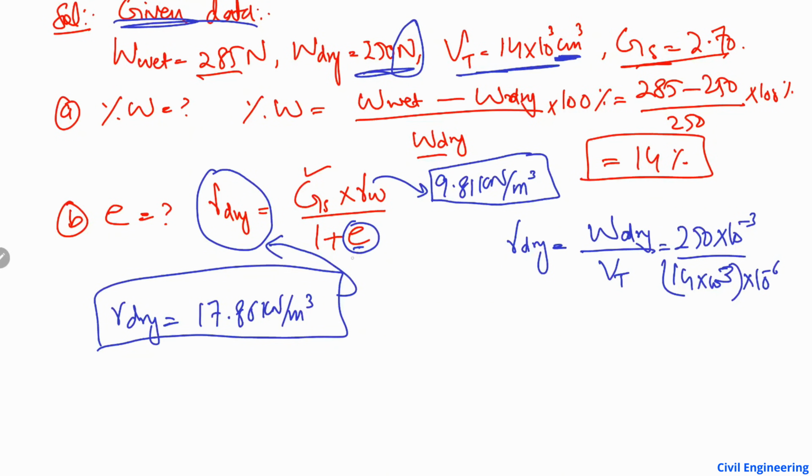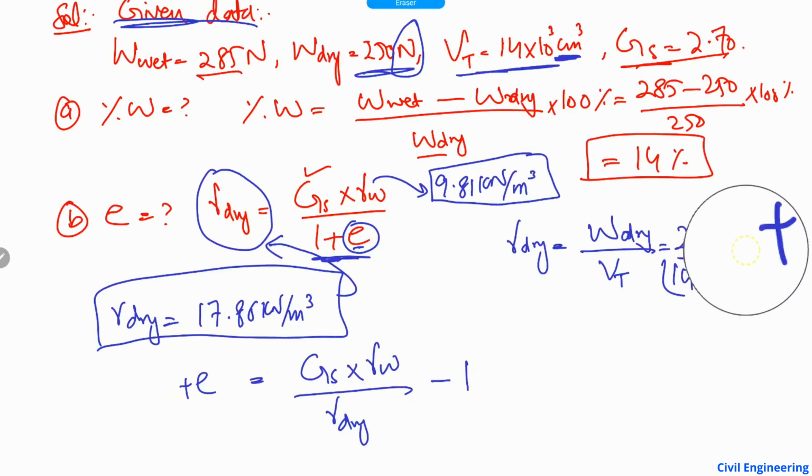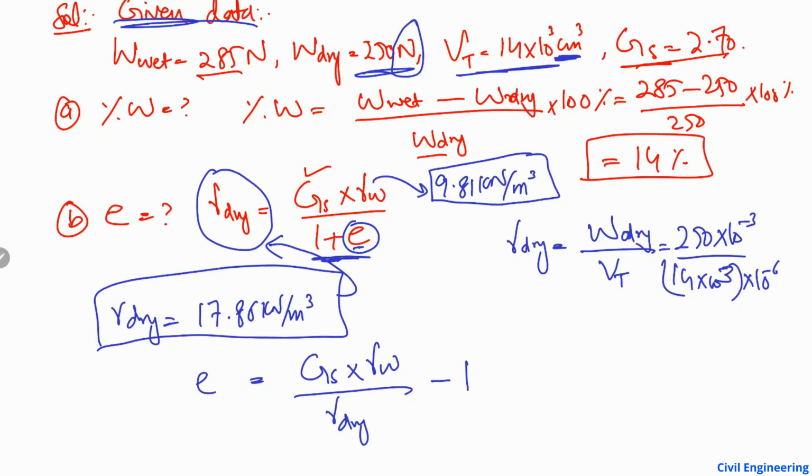So what will it become? If we shift this value, 1 plus e will be equal to Gs into gamma W divided by gamma dry, or simply moving this 1 over, it will be minus 1.